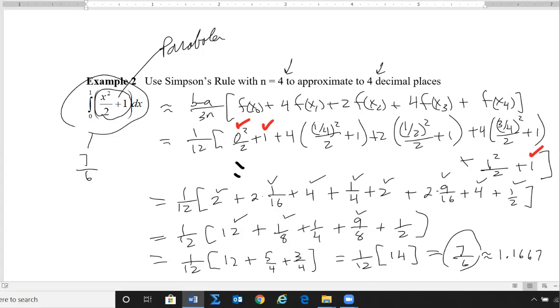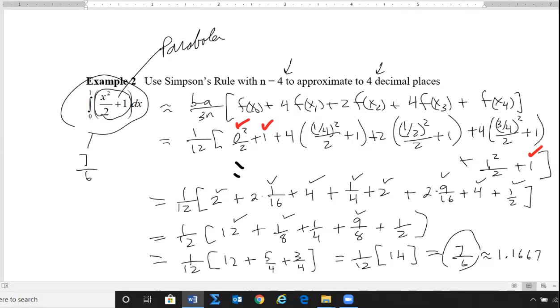Well, it only takes 3 points to establish a parabola. So we're getting an exact match with no error at all for our parabolas to approximate the curves in each double subinterval. So it stands to reason we get an exact answer.